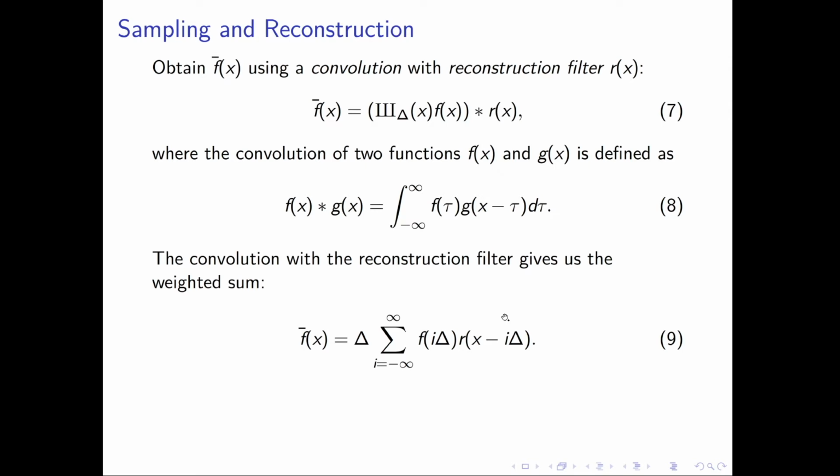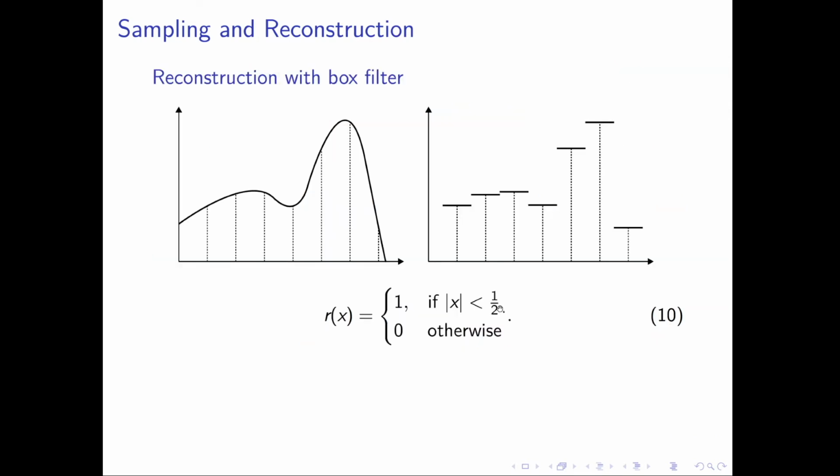If you consider, for instance, the box filter, and I earlier showed you a geometric interpretation of the box filter, then we say that the box filter is bounded both to the left and to the right, as the box filter is defined as being 1 only in the interval between minus 1/2 and plus 1/2. That means that the support of this reconstruction filter is finite.